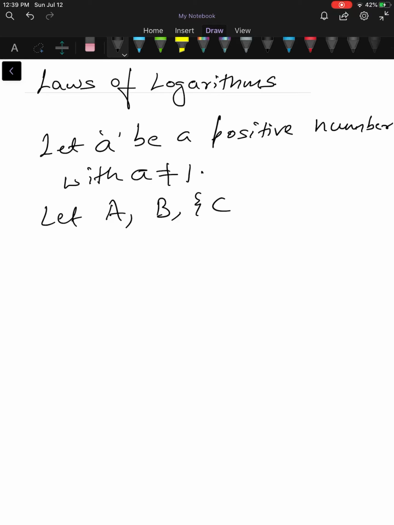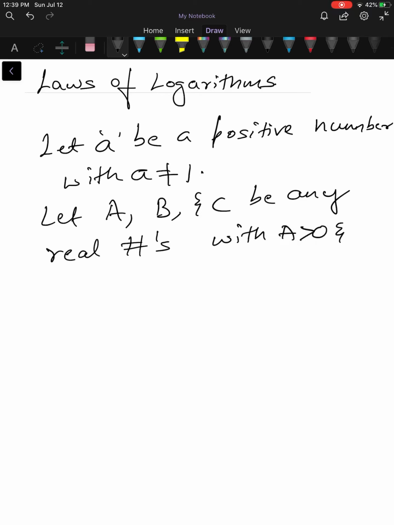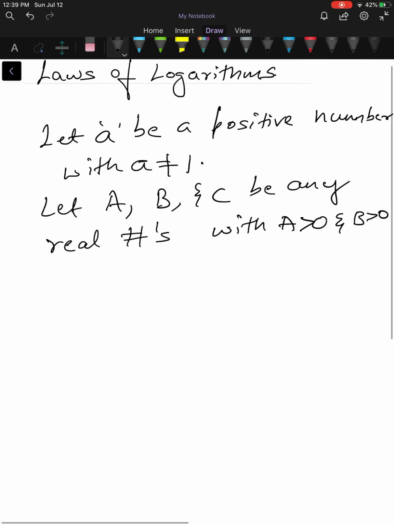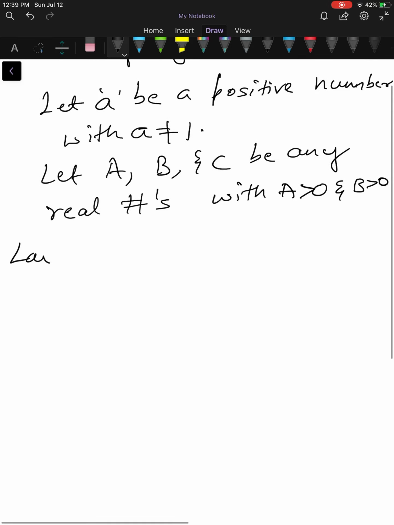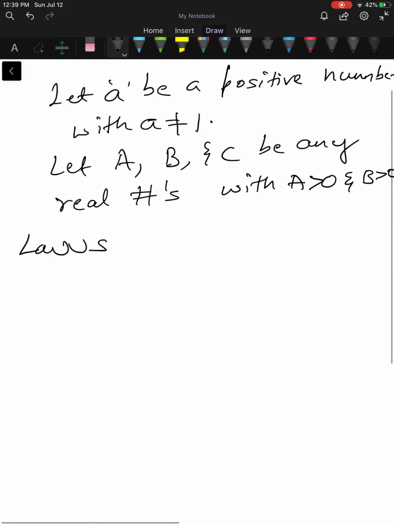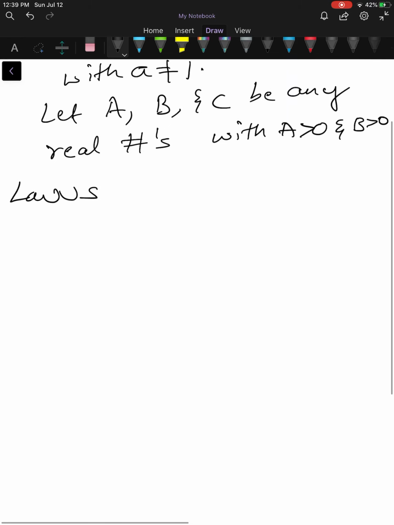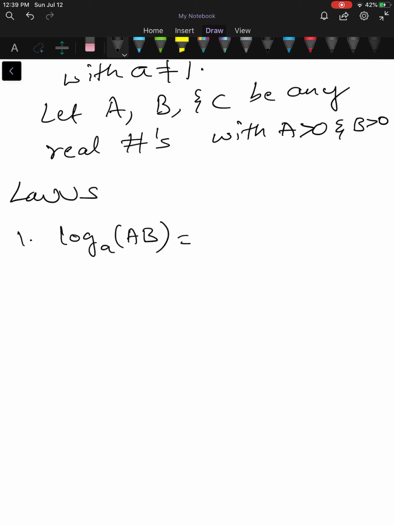Let capital A, B and C be any real numbers, with A greater than 0 and B also greater than 0. So we have laws here, and I will describe these laws in words.